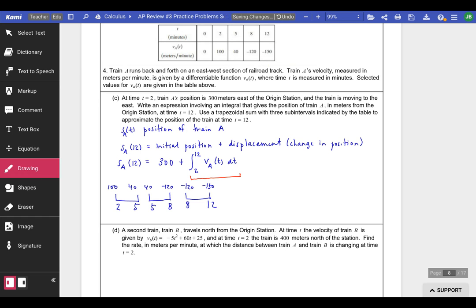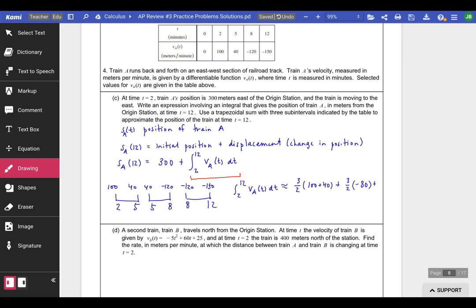So I know now that the integral from 2 to 12 of my velocity is approximately, what do we have? Trapezoidal is our base, 3 over 2, or our height, excuse me, 3 over 2 times 100 plus 40, plus, this again is 3 over 2 times 40 plus a negative 120, which is minus 80.